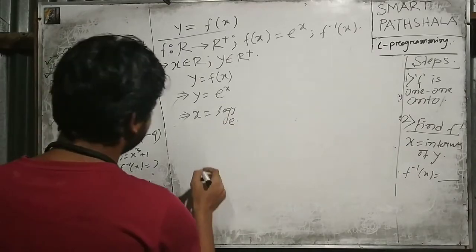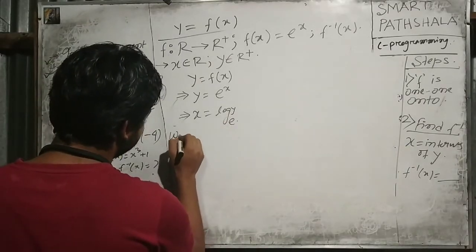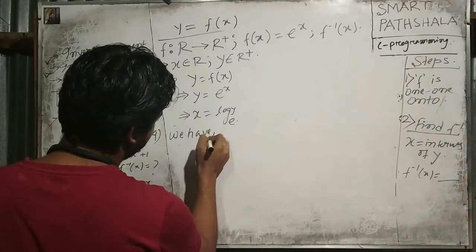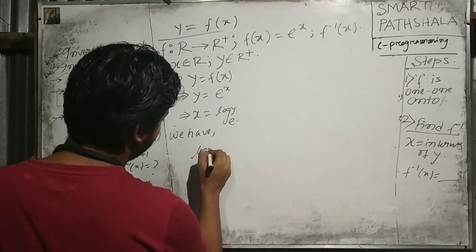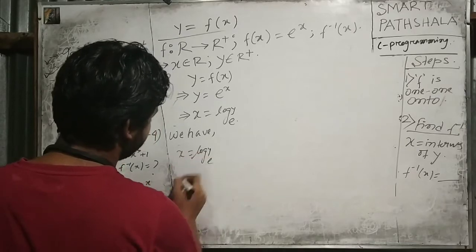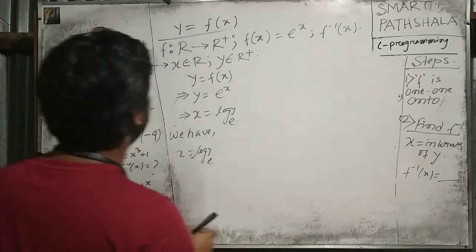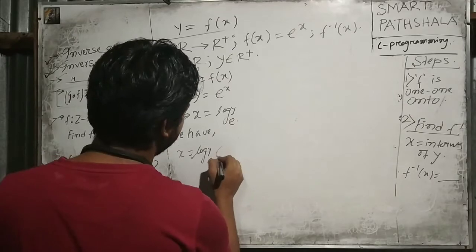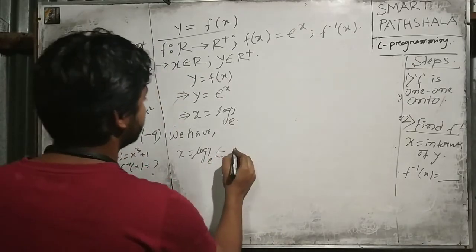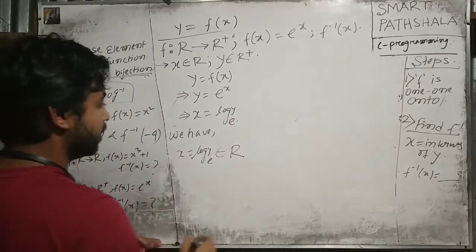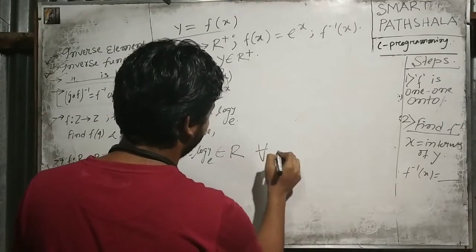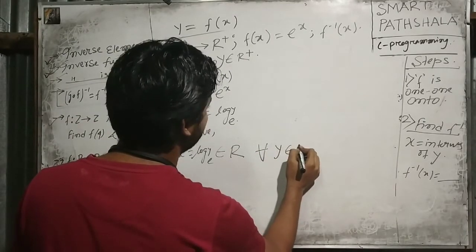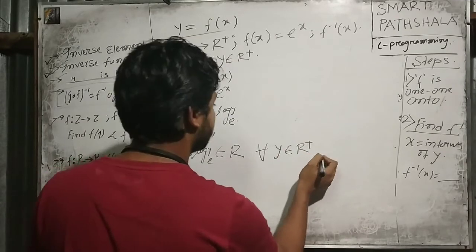Now, we can see that log of y to the base e, that is x is equal to this one, will definitely belong to the domain set, real numbers, for all y belonging to the positive real number set R plus.